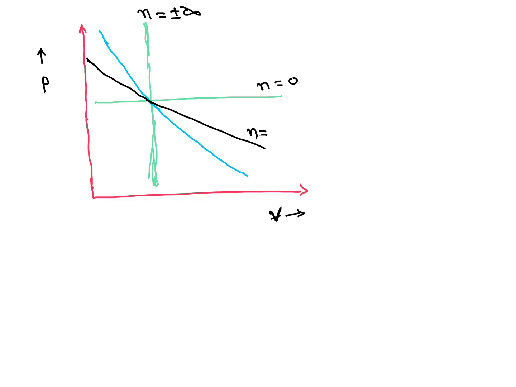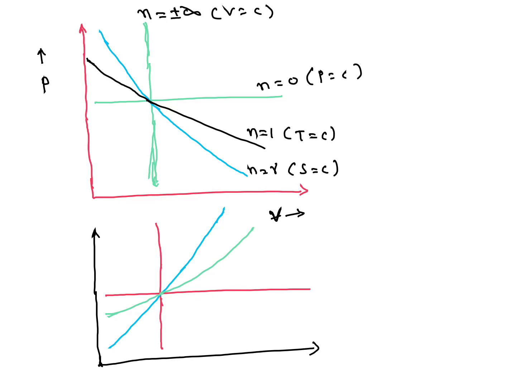Here pressure is constant, here volume is constant. Then n equals gamma, where entropy is constant. Then our TS graph, temperature versus entropy graph. Both are important, PV diagram and TS diagram, for different values of n.